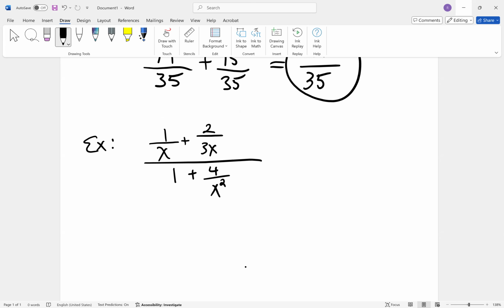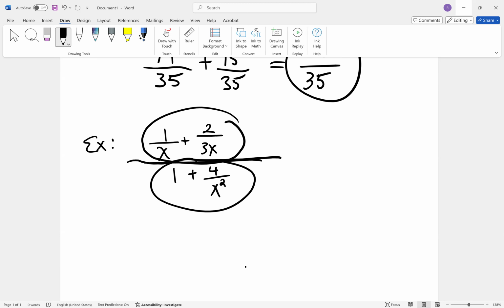Because if we look at the big picture, this is a big fraction, right? And the numerator contains fractions, and the denominator contains fractions. So it's like fractions within a big fraction. So it's complex. It's a complex fraction. So in this section, we're going to learn how to simplify them. So let me go back to the worksheet.